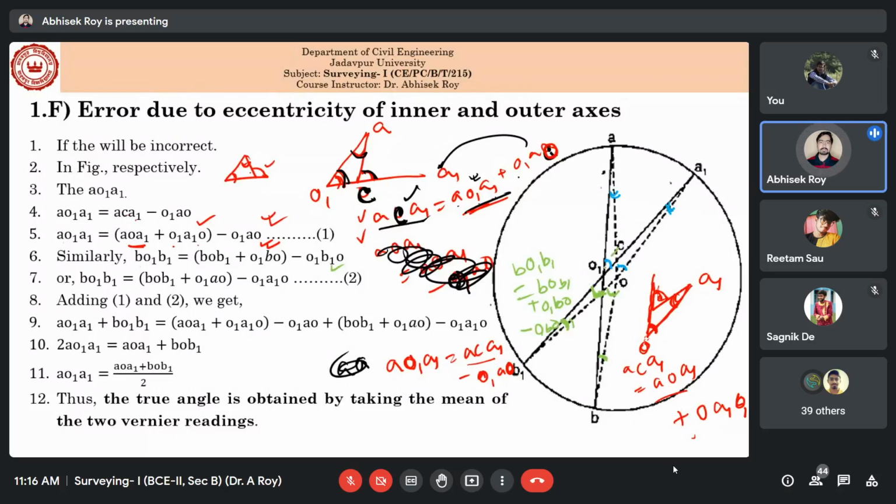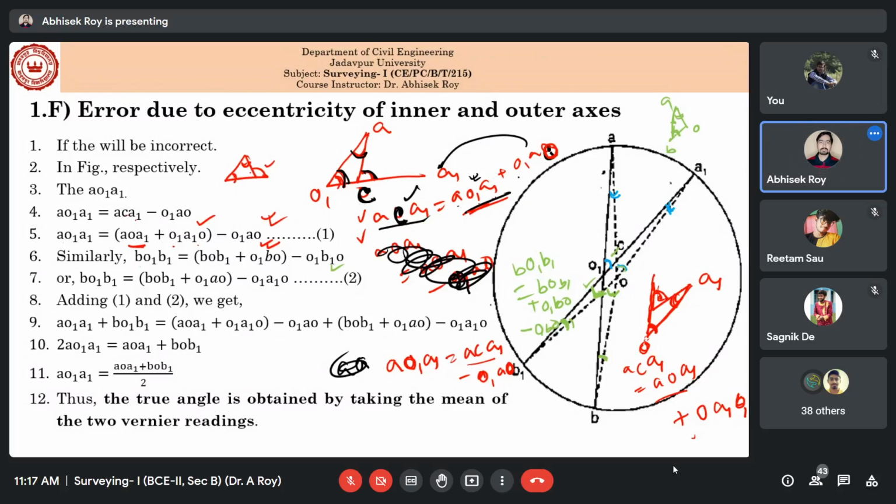Now we want to measure this angle and this angle, but instead we are measuring this angle and that angle. So what we will do, we will just add them up. Before adding them up, from this long triangle ABO, this angle will be equal to this angle because this is the diameter, these two sides are the same, so obviously these two angles will be the same.